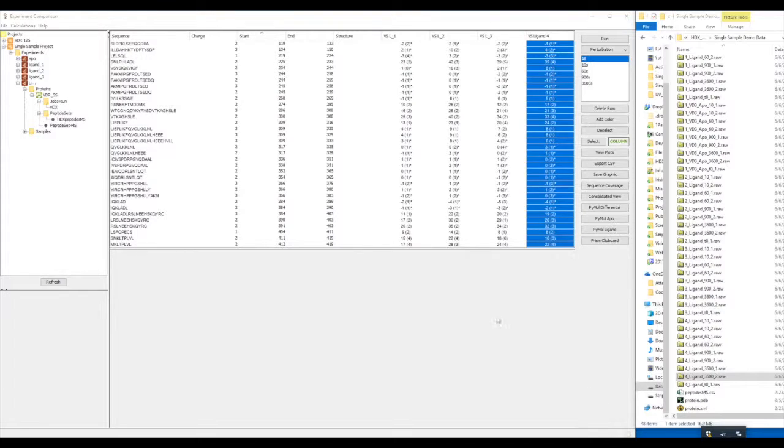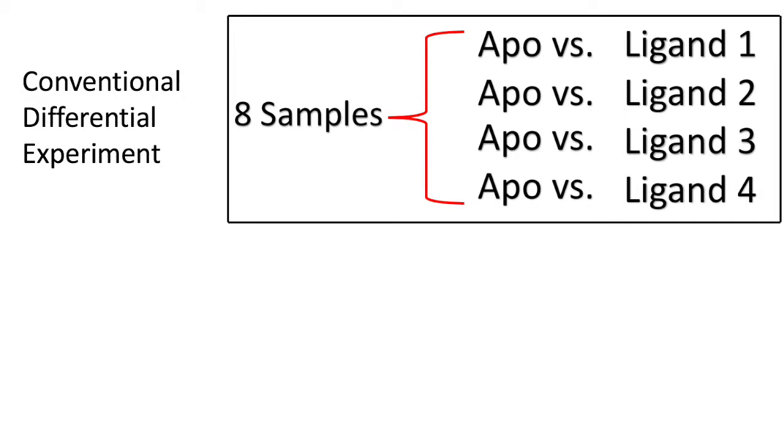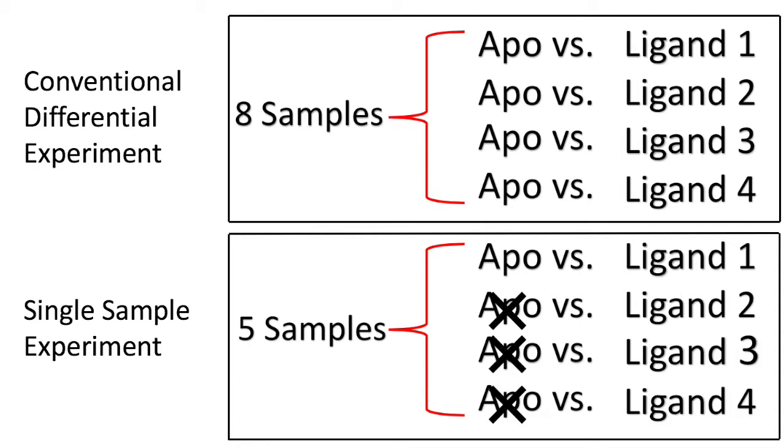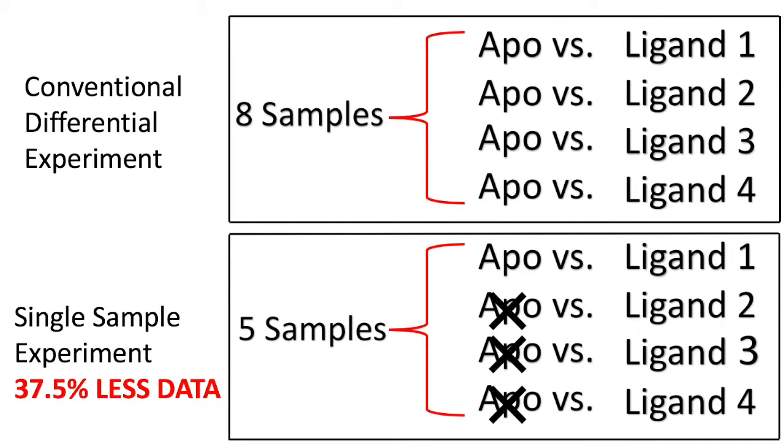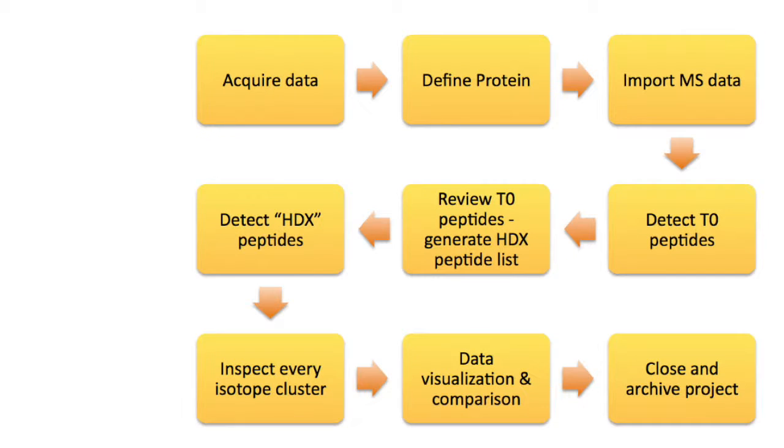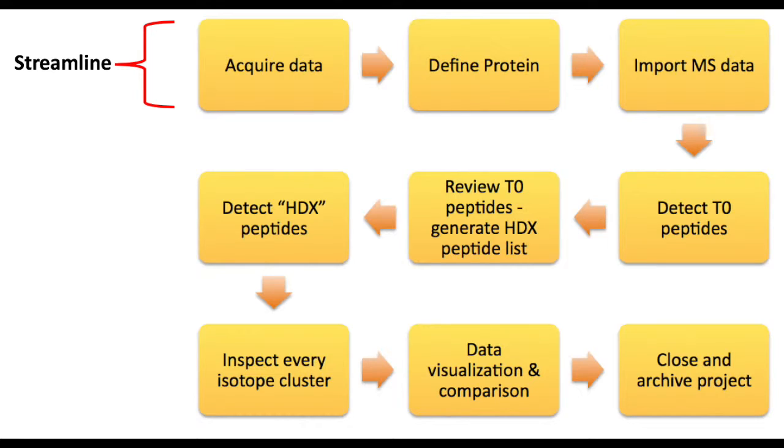Analyzing this experiment, if done the conventional way, would have involved analysis of 8 samples. Using the single sample experiment method, only 5 samples are analyzed, resulting in a data reduction of 38%. Looking at the workflow, we've streamlined the input process by providing import tools and automating the setup of multiple experiments.